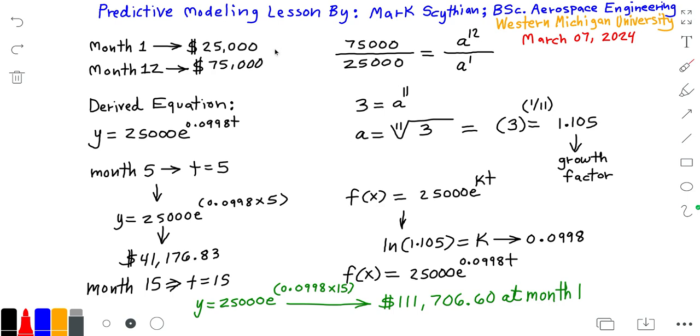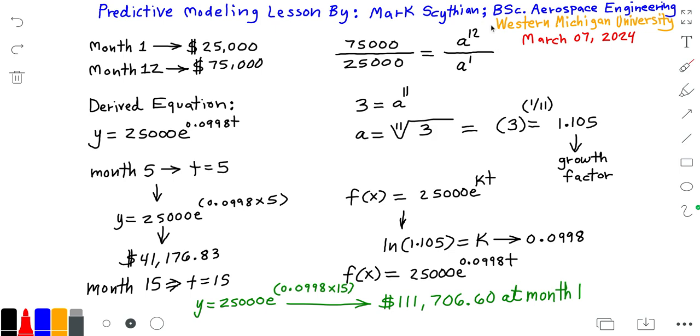So this can translate to a threefold increase in revenue, 75,000 divided by 25,000, made equal to an exponential function where a is the growth or decay factor taken to the exponential value of the final month, so a to the 12th power, over the initial start of the growth factor a to the first power, or to the first month.